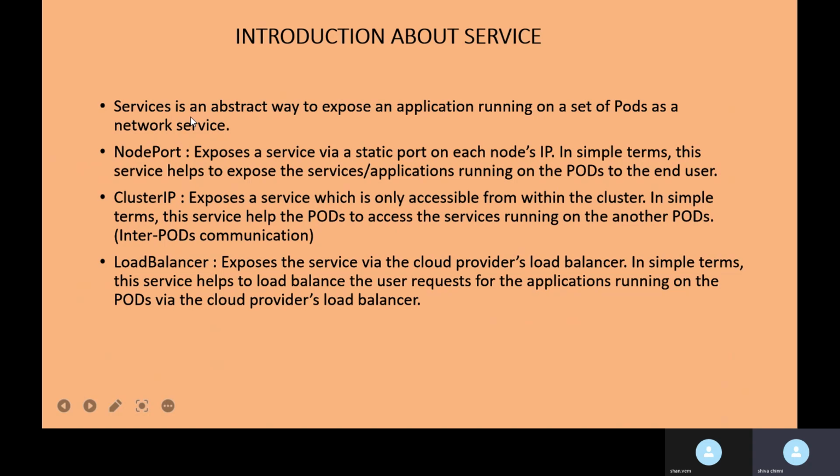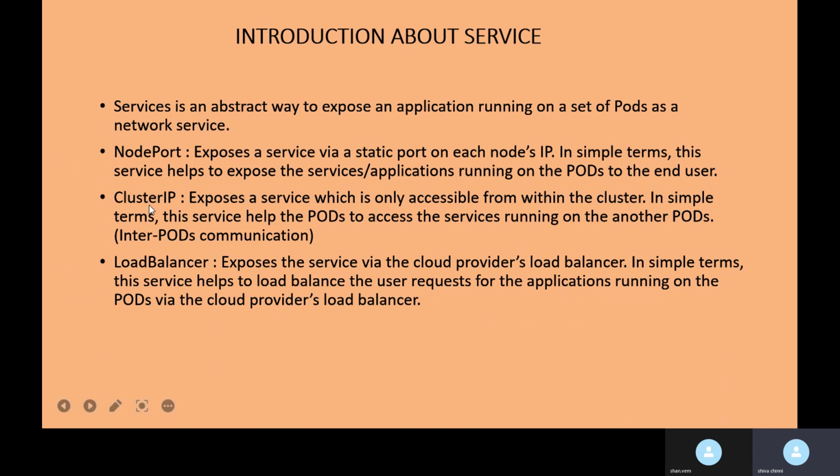Services basically are a way to expose an application which is running on a set of pods on the network service itself. So these are the different services: node port service, cluster IP, and load balancer as well. The node port service is a service we can access with each node's IP. In simple terms, this service helps to expose the applications which are running on the pods to the end user.